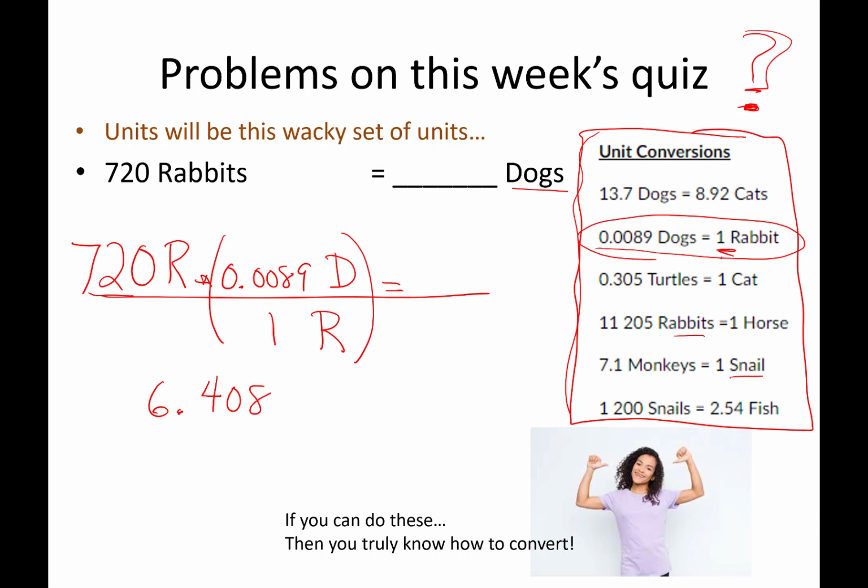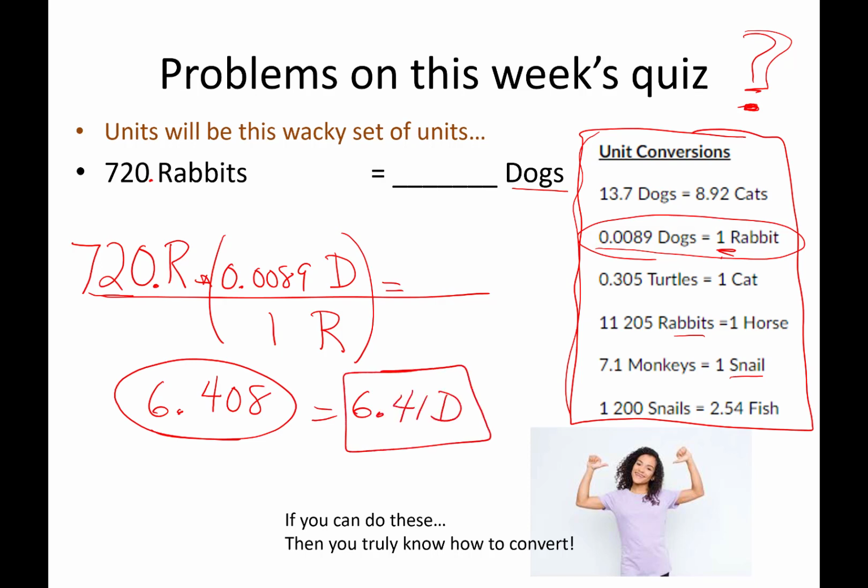Now, when we talk about significant figures, if this was 3 sig figs, then this should be rounded off to 3. So the answer should be 6.41 dogs. Now, obviously, we're not talking about whole animals here. This is pretend units. Otherwise, that would be weird. So that's how you do this. Exactly the same conversions we've been doing.